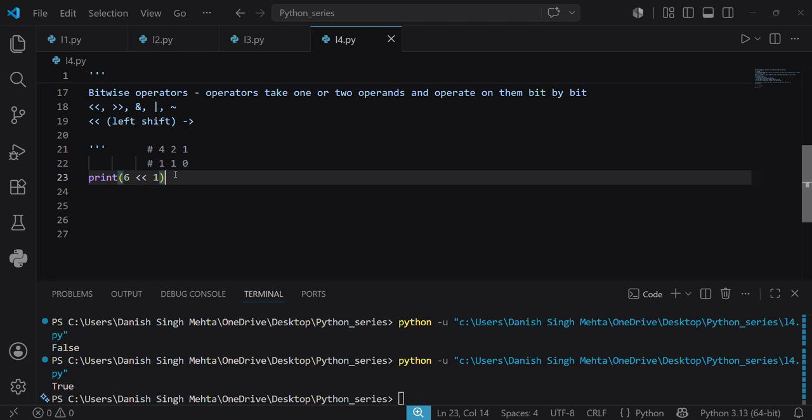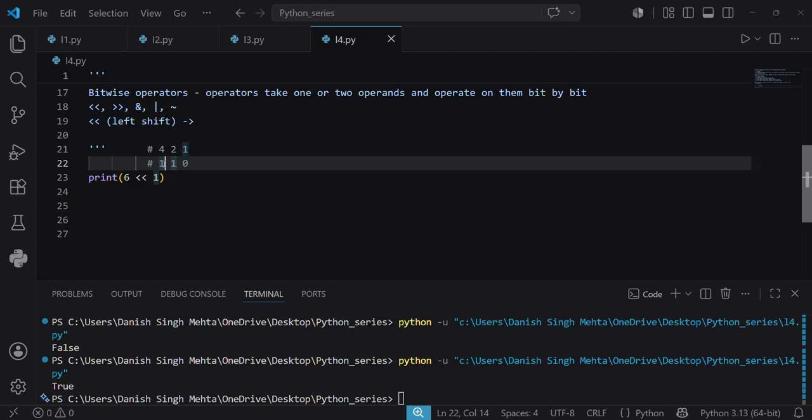Basically, I am shifting the bits of 6 towards the left side by 1. See here, I have written the binary format of 6: 4, 2, 1, and 4 plus 2 is 6. So this is how we write 6 in binary format: 1, 1, 0.